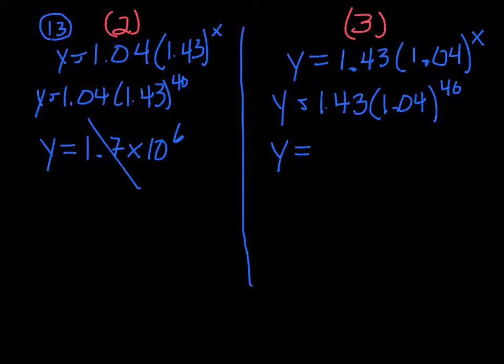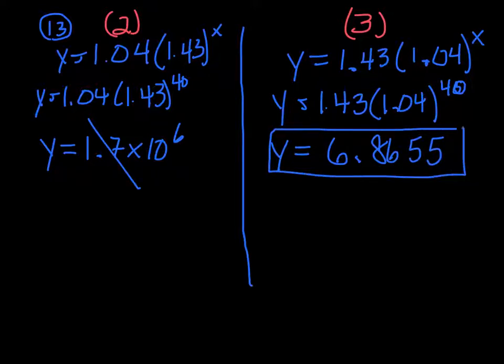So when I do 1.04 to the 40th power, and then I multiply it by 1.43, I end up getting 6.8655, which seems to match up with the graph pretty closely. So when x is equal to 40, my y value is 6.8655, which is close to what you see in that graph. So the answer is choice 3.